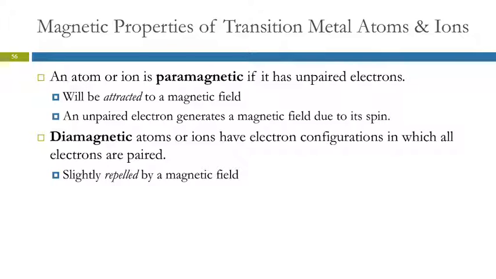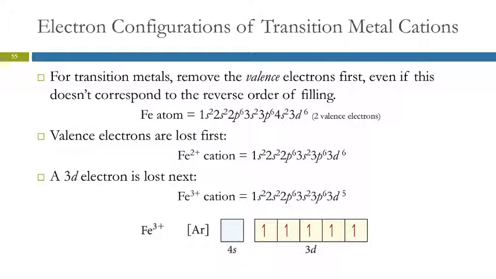Have you ever wondered why some metals are attracted to magnets and others are not? It has to do with the electrons. So we say that an atom or an ion is paramagnetic if it has some unpaired electrons. Is iron attracted to magnets? Yeah, it is. Well, I guess this isn't the best example.